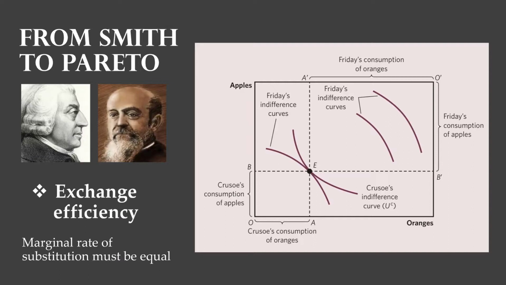At that point, one consumes more apples than the other, but that doesn't mean that one is less happy than the other. They are both happiest at that point, at which their marginal rate of substitution is equal. So that would be a point where exchange efficiency would be obtained.